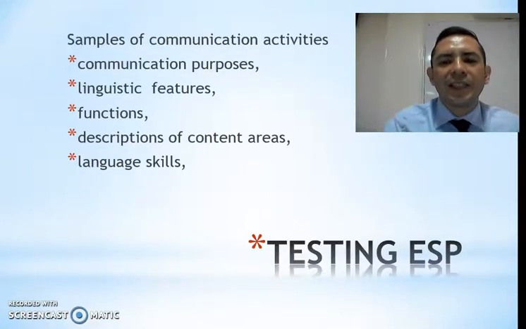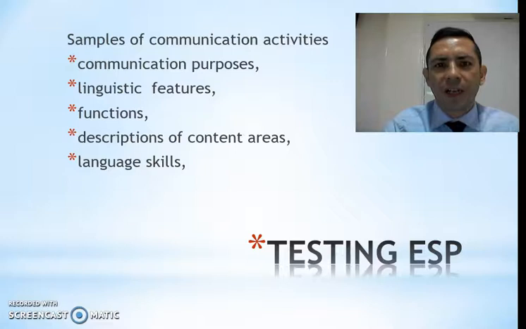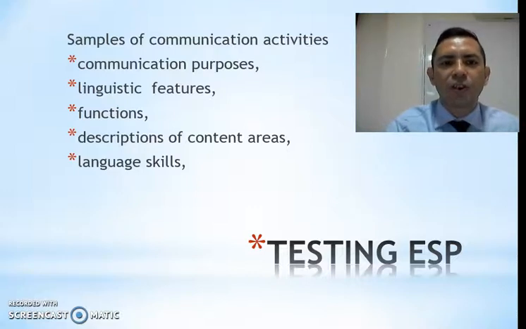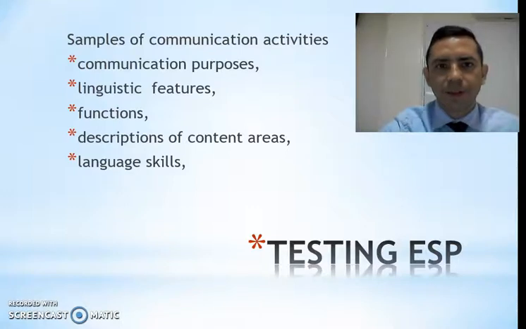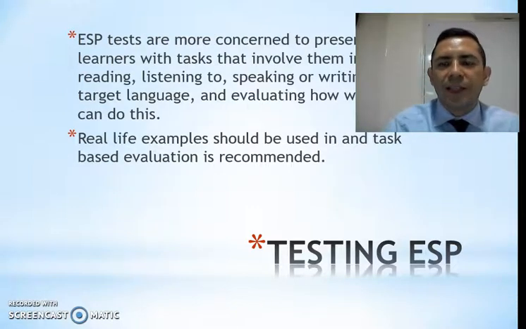So, when testing English for specific purposes, it is very important that they are presenting samples of communication activities. They need to focus on communication purposes and linguistic features, functions, descriptions of content areas, and language skills. Basically, what they need to do is to be tested in real-life skills.